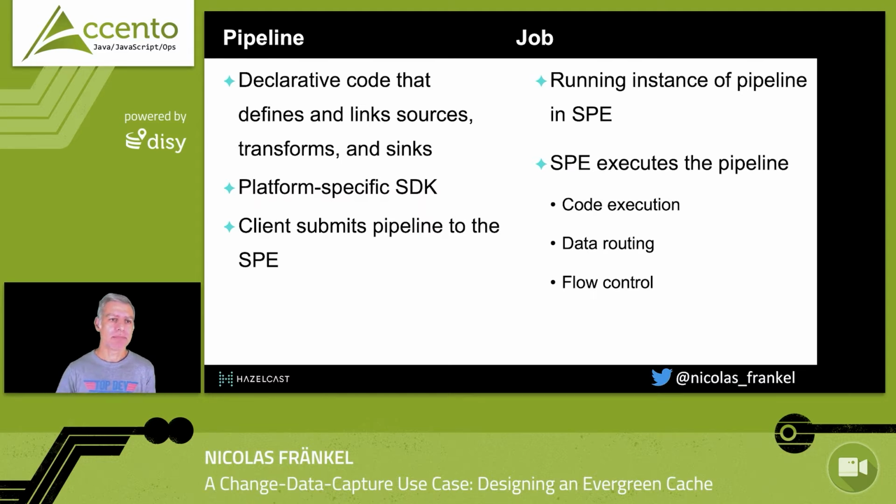And in Hazelcast, we declare it through Java code. Then when that is done, we package that code and send it to the stream processing engine through a client. When the stream processing engine receives the code, it gets the pipeline and starts executing it, and then it becomes a job. And because it knows about the topology of the cluster, it can send it to the different nodes and orchestrate the flow.